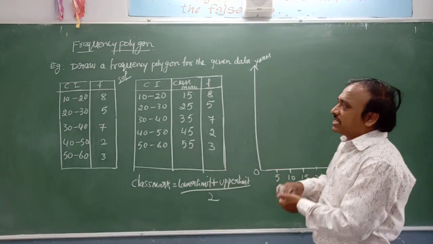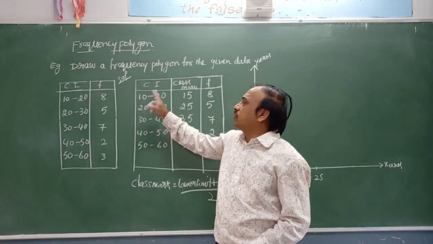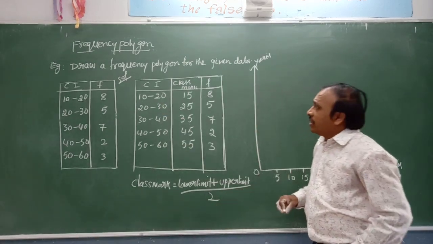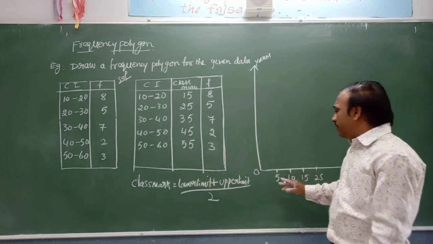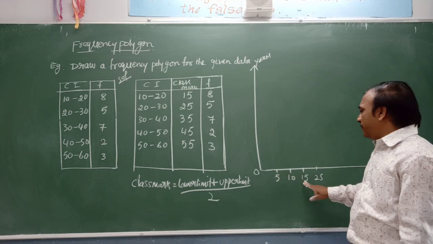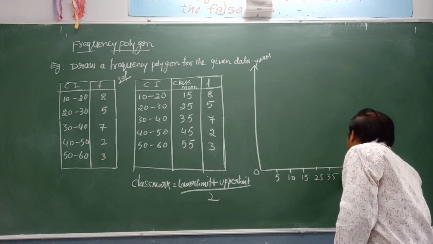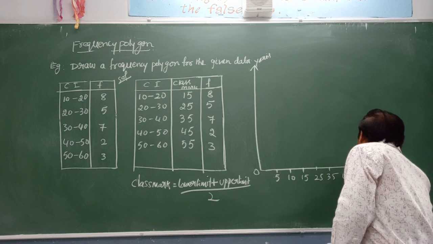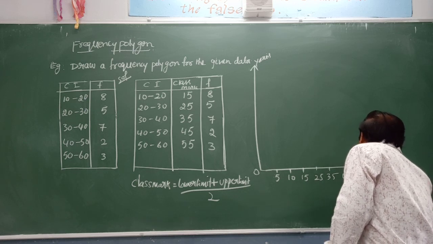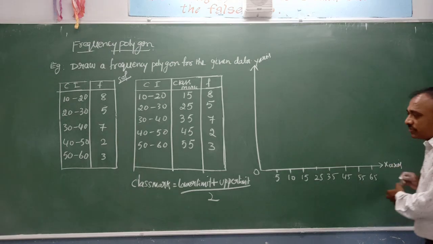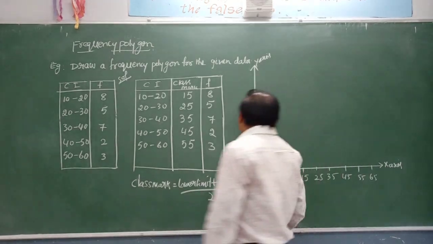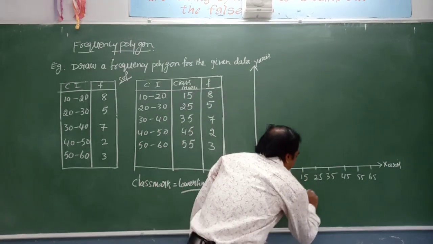So the class interval before the first, 0 to 10, will have mid value 5. Observe it: 5, 15, 25, next 35, next 45, next 55, next 65. These are the mid values which we are locating, the class marks.